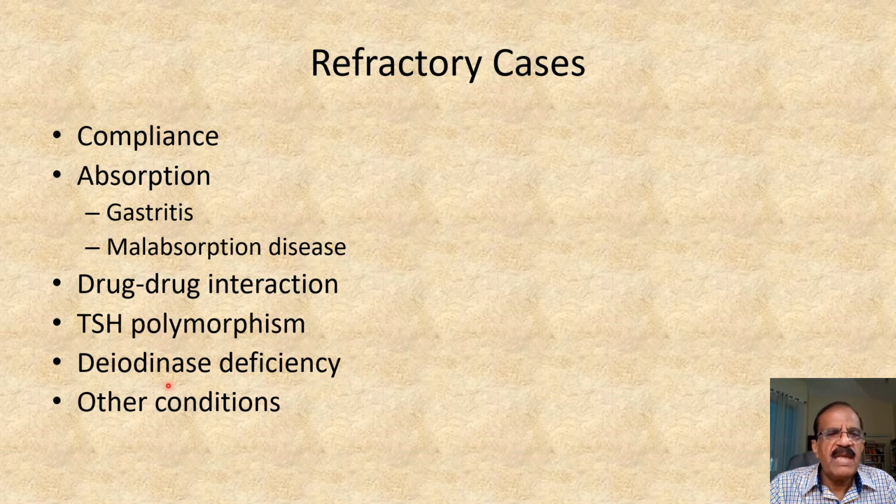I told you that in the peripheral part of the body, T4 is converted into T3, and T3 is metabolically more active. If somebody has deiodinase deficiency, he may have normal T4, but T3 may still be low, and the patient may still have symptoms of hypothyroidism. So in these cases, you have to give some extra thyroxine. Then there are some other conditions also where there could be refractory cases. So I think these should be left for the specialist.